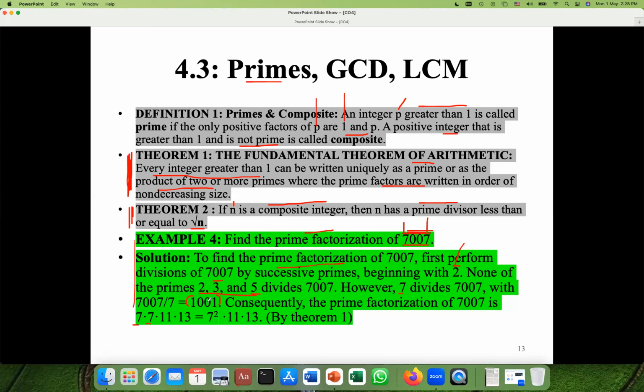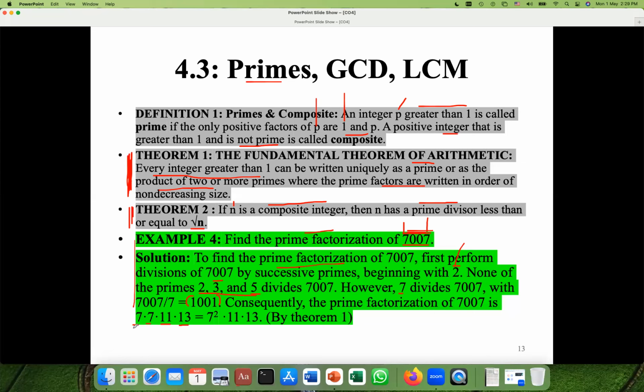Then 143, you have to divide it with 7. If it is not divisible, then it would be divisible by 11. The quotient, 143, is divisible by 11. And then whatever the result would be, that would be divisible by 13 finally.